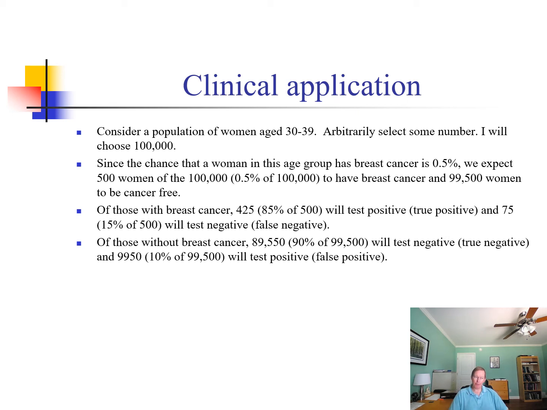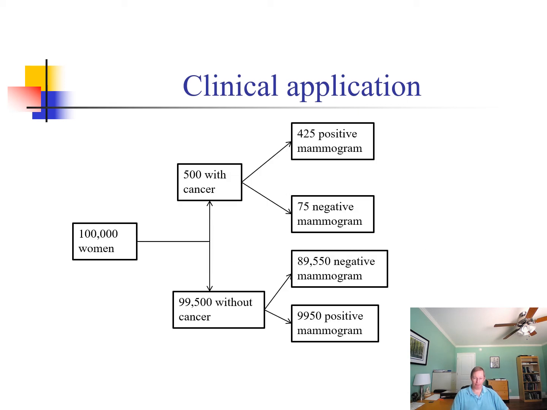And of those patients without breast cancer, 90% of the 99,500 are going to test negative, truly. They're not going to have breast cancer and they're going to have a negative result. But 9,950 are going to test positive, but it's going to be a false positive.